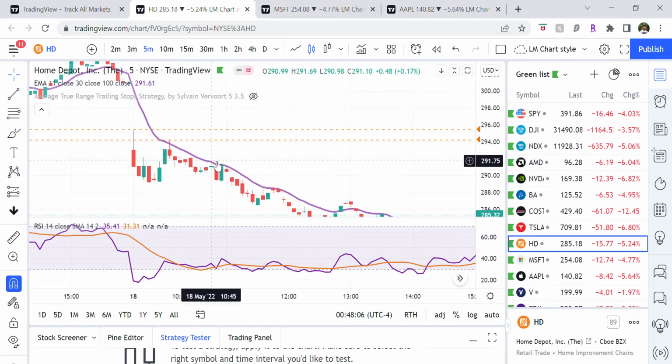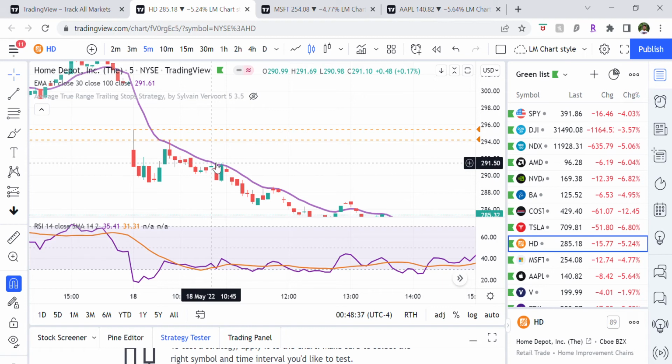So 291.5 is the point where that particular candle touched the 10 EMA line. I know that it's still going to go downward, but I will give it a little bit of time, say 40 cents or 50 cents below this particular line.